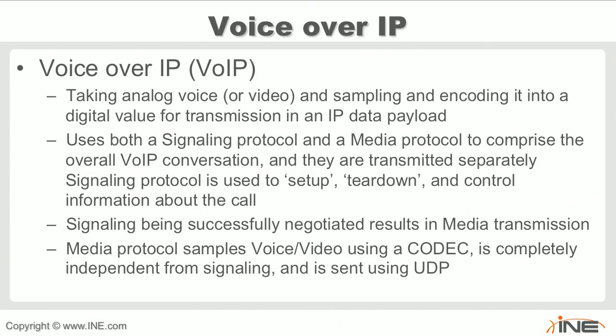UDP being connectionless, I basically send the IP packet out into the world and I hope that it gets to the other side, but I have no acknowledgement, no mechanism like I do in TCP, to let me know that the other side received that packet properly.